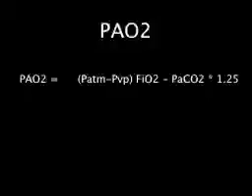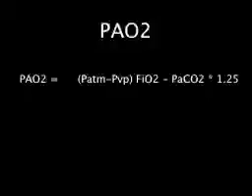This is the little a, so this is the arterial pressure of carbon dioxide multiplied by 1.25. In most cases, atmospheric pressure will be 760 millimeters of mercury unless it is stated otherwise. You can just assume that for most problems we're dealing with 1 atmospheric pressure. The vapor pressure is almost always going to be 47 millimeters of mercury. That is the water vapor pressure at 37 degrees Celsius.